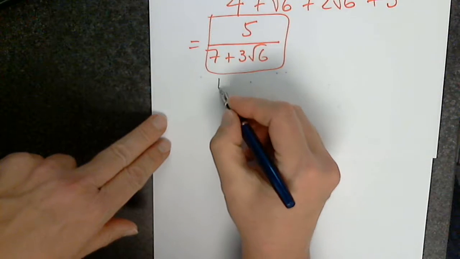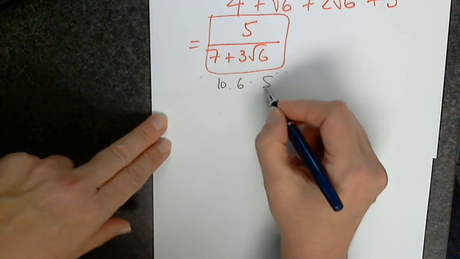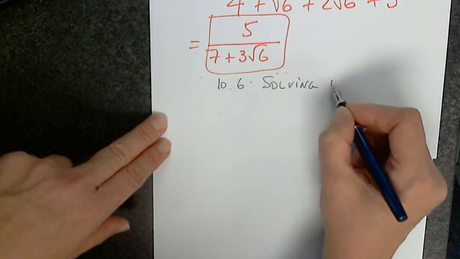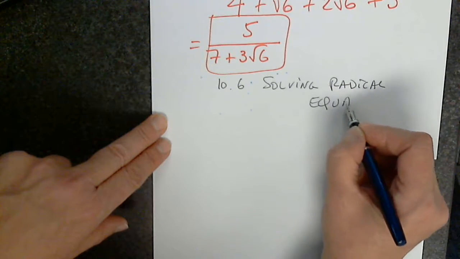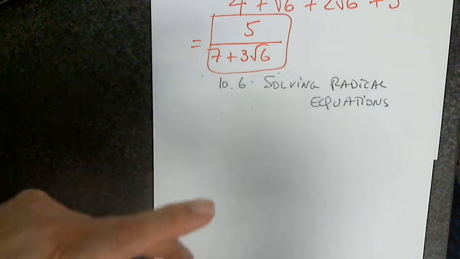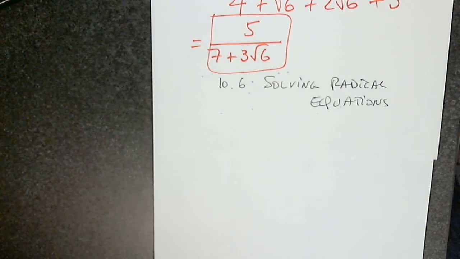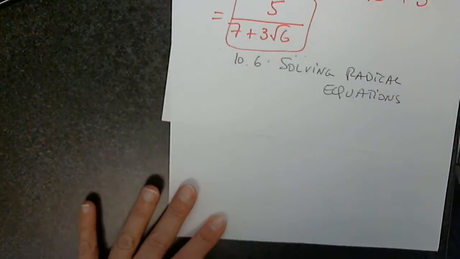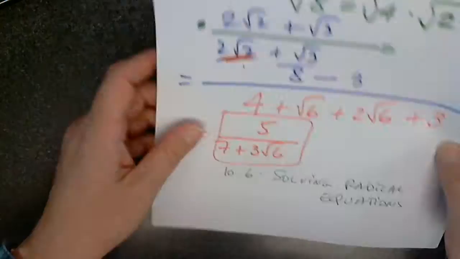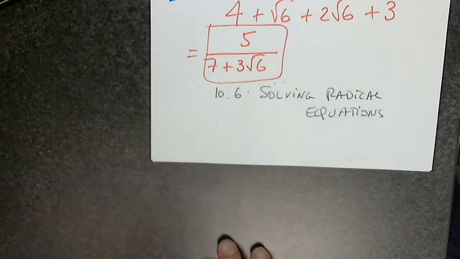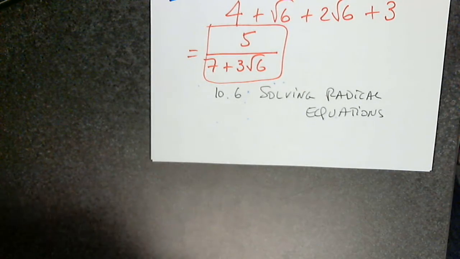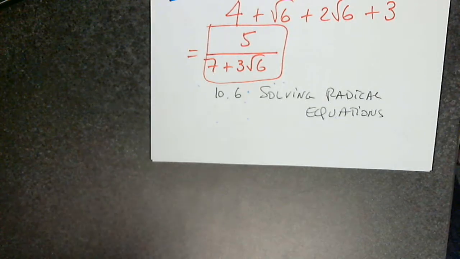So this is section 10.6, solving radical equations. Allow me to explain the concept first on a very simple example, that is not even a radical equation. But I need to explain the concept. I need to show you or tell you what we're trying to do.